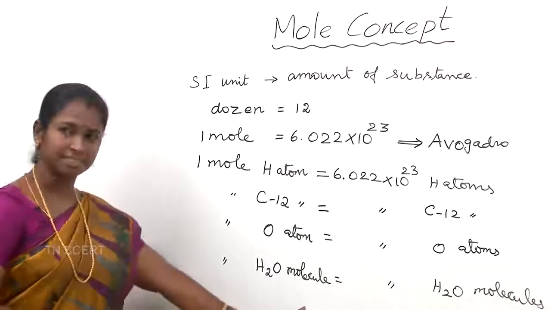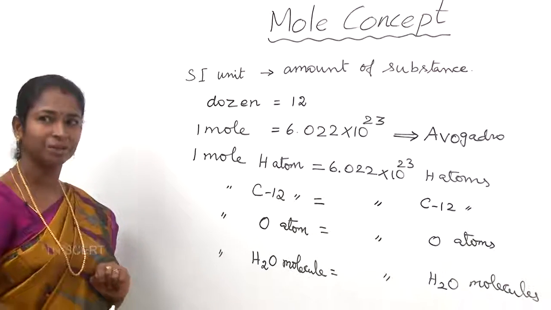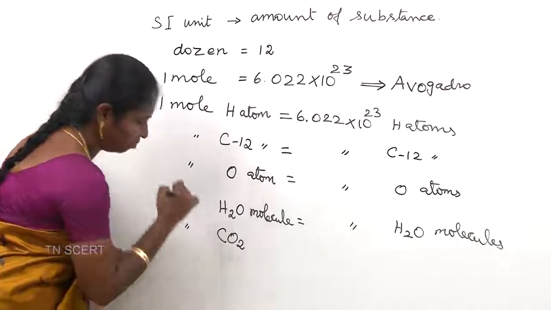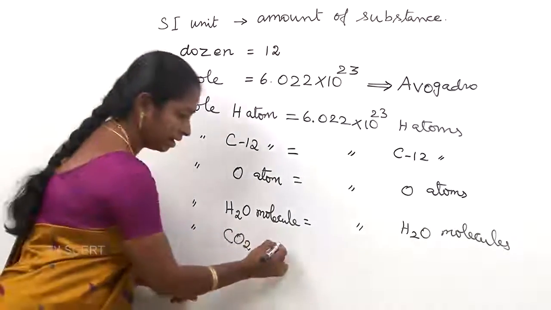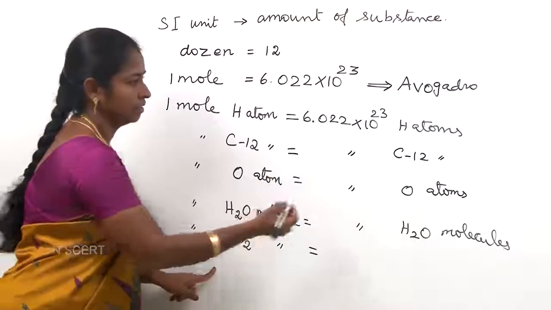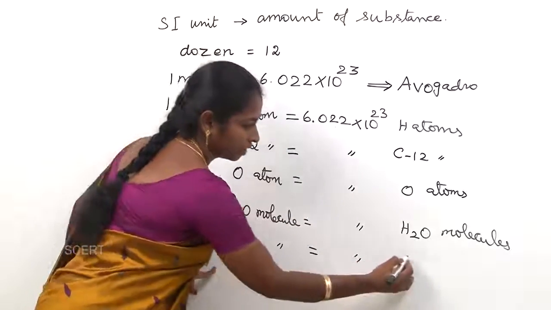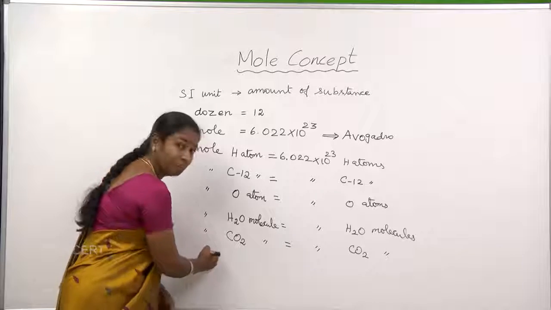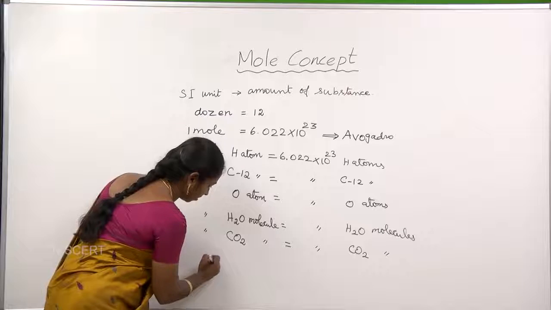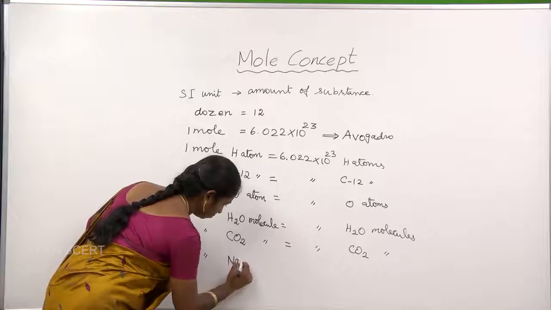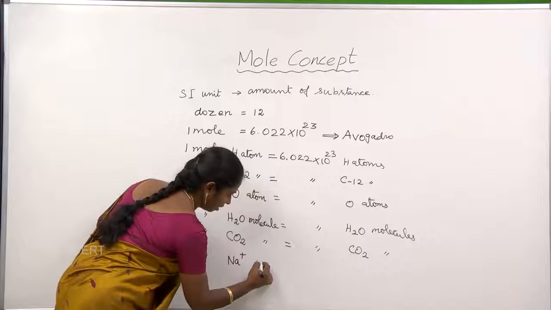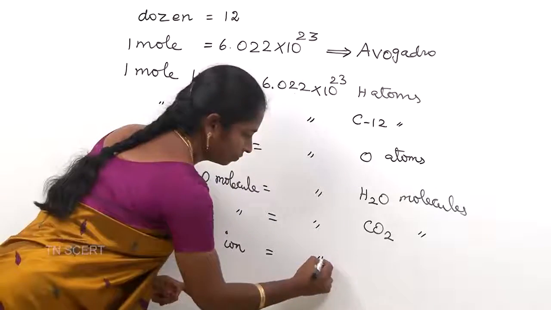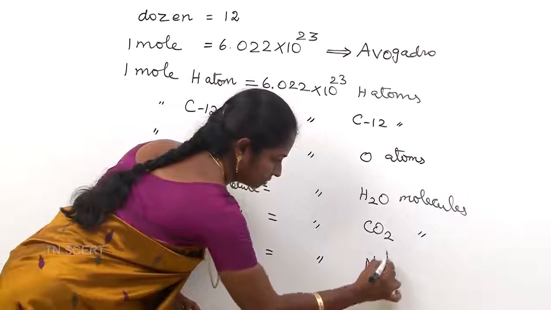If you take carbon dioxide, what is the formula? It is CO2. So, 1 mole of carbon dioxide molecules contains the same number of carbon dioxide molecules, and 1 mole of Na+ ions contains the Avogadro number of Na+ ions.